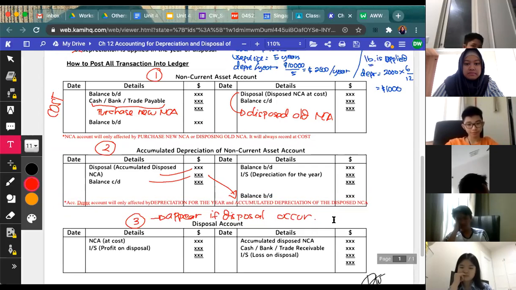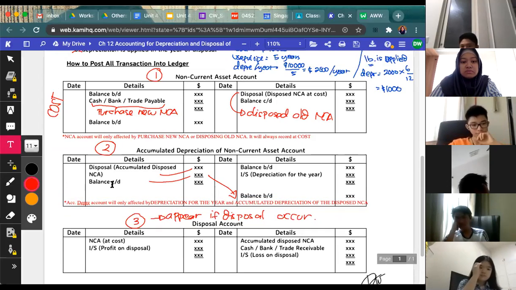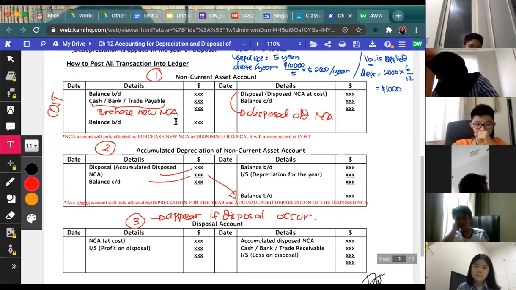So if there is a purchase of a new one, the cost will not be here.